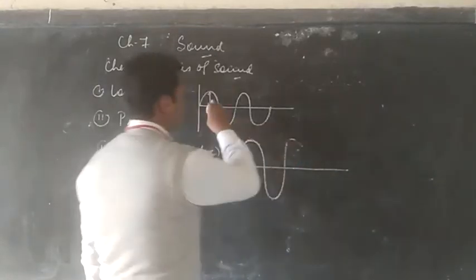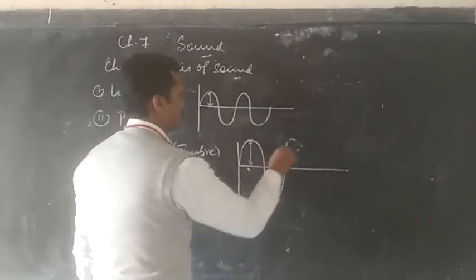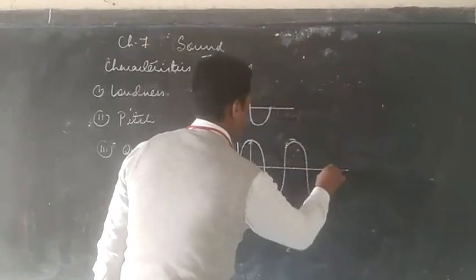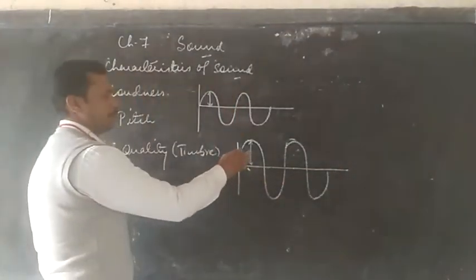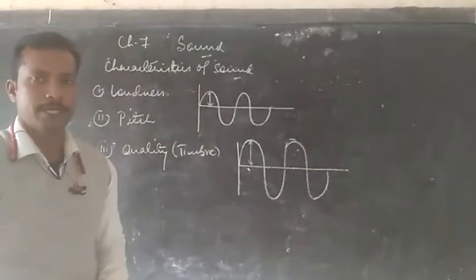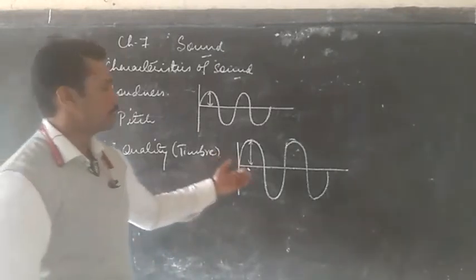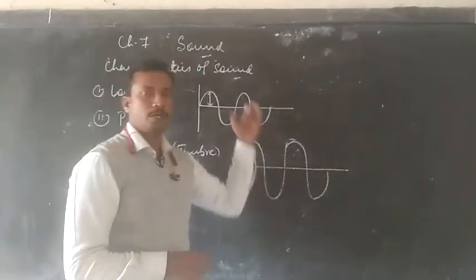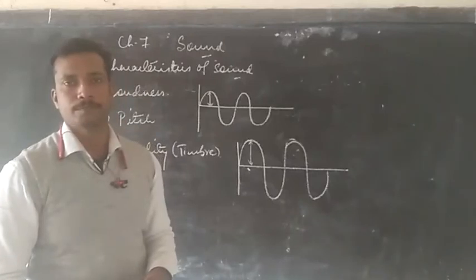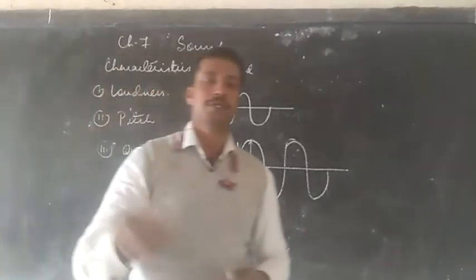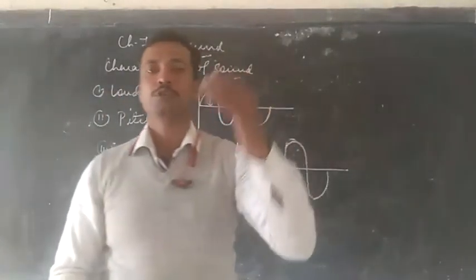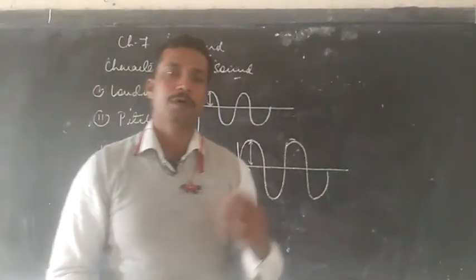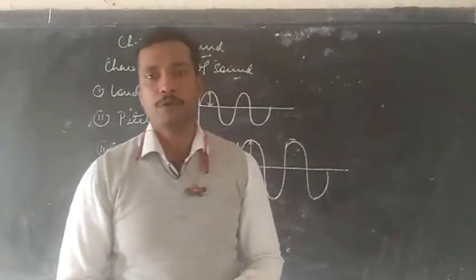You can compare the two heights. You will find in the second wave the amplitude is larger, which shows that the loudness of this sound is more than the loudness of the first one. So with increase in the loudness of the sound, the amplitude of the vibration of the particles of the medium will also increase.